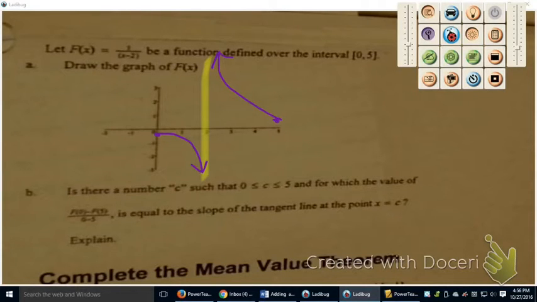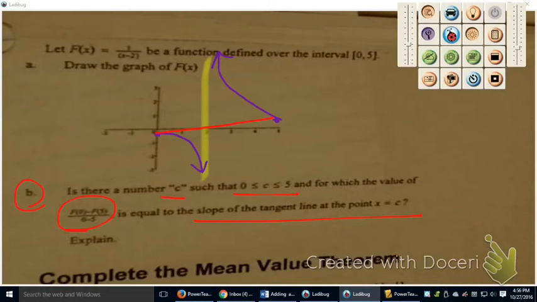Alright, and so the question asked me in B, is there a number between 0 and 5 where the value is equal to the slope of the tangent line there? So we connect the points again, wherever they tell me. They told me from 0 to 5, so I connect those points.